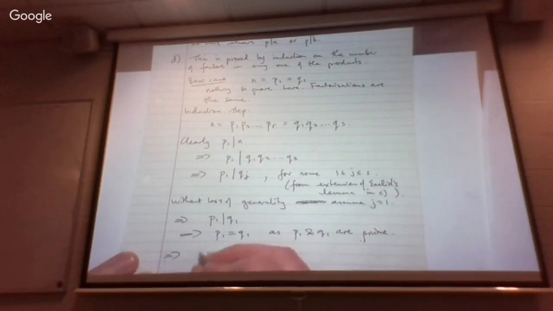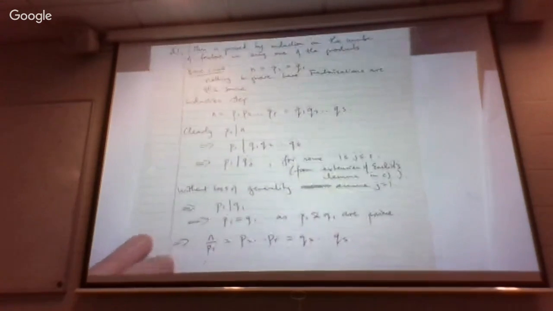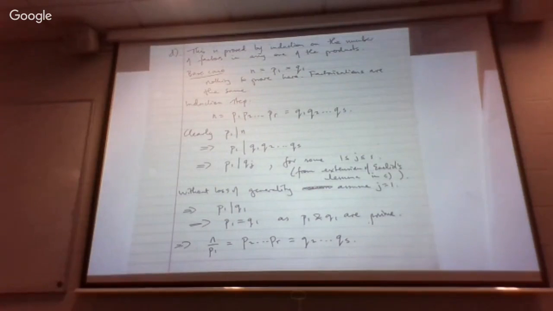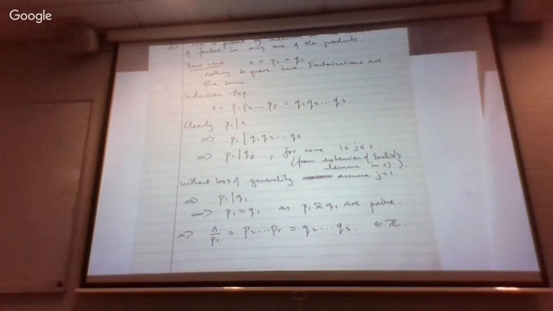So that implies that this integer n divided by P1 now has two possible prime factorizations, P2 up to PR and Q2 up to QS. This is clearly another integer, with supposedly two prime factorizations.